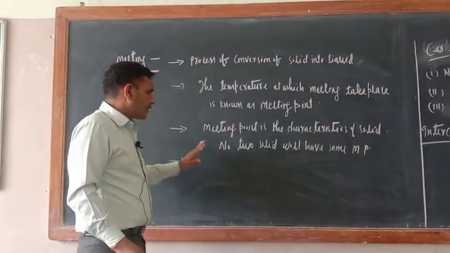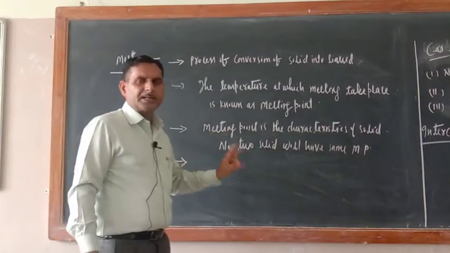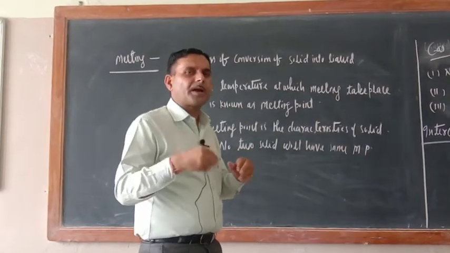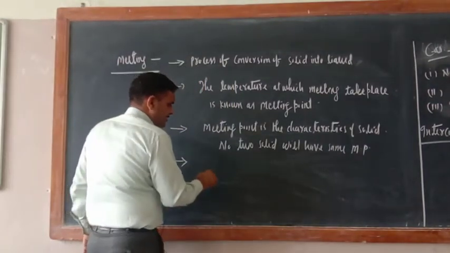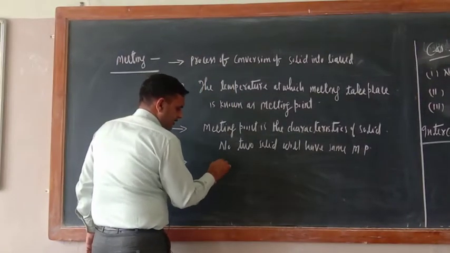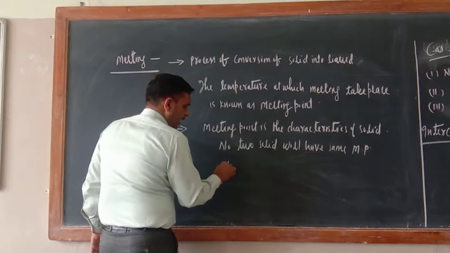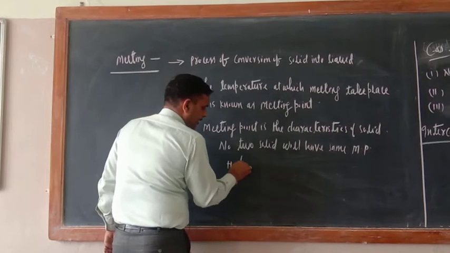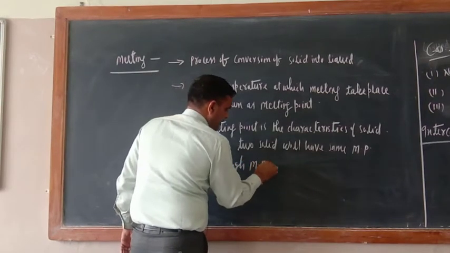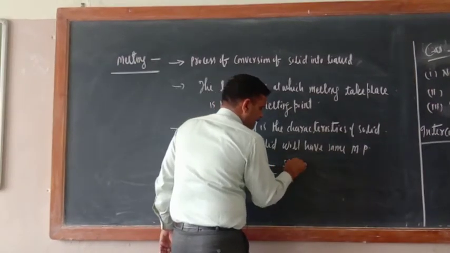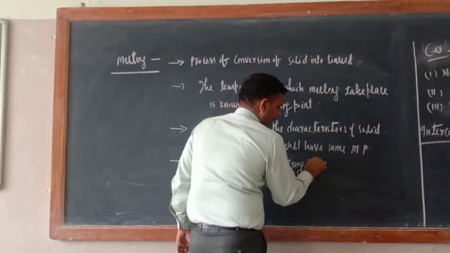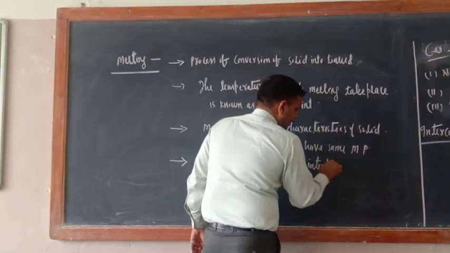And try to understand, this melting point is the characteristic of interparticle attractive force also. Suppose one substance is there, so just see right here, high melting point. So what is the meaning of high melting point? Strong interparticle attractive force.